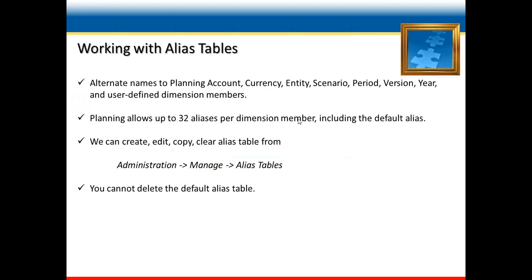So we'll move on to some other artifacts or objects related to the planning application. This is about alias tables. Aliases are nothing but alternative names for planning account, currency, entity, scenario, period, version, year, or some user-defined dimension members.